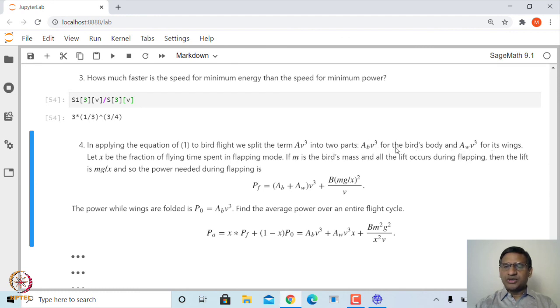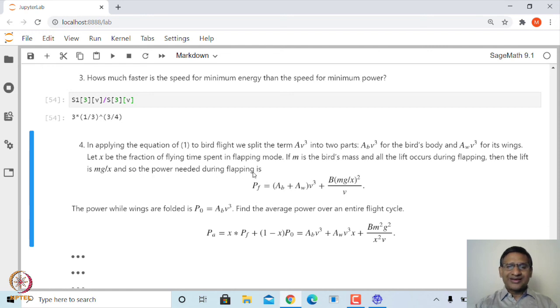So, a b v cube is the bird's body and a w v cube is the bird's wing, and suppose x is the fraction of the flying time spent in flapping mode, that is the big wing flapping, and m is the bird's mass. All the lift occurs during the flapping, that is the assumption, then the lift is given by mg upon x, where g is the acceleration due to gravity.